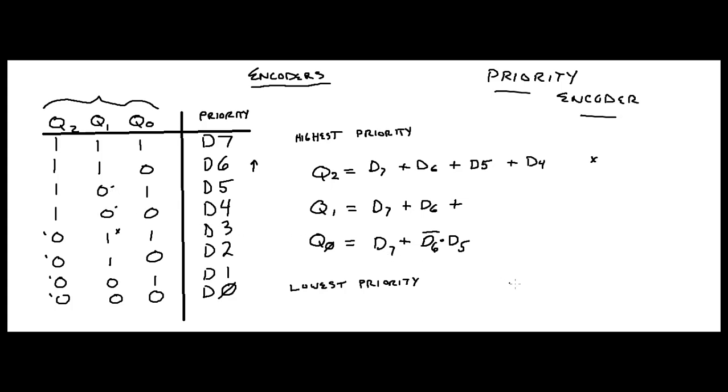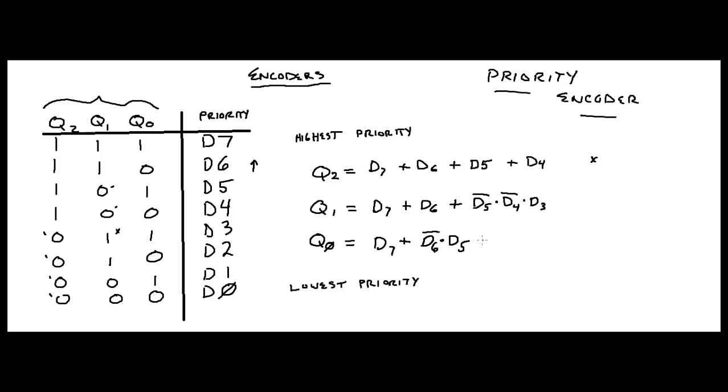So, we're going to say if D5 is low and D4 is low and D3 is high, then make it high, okay?